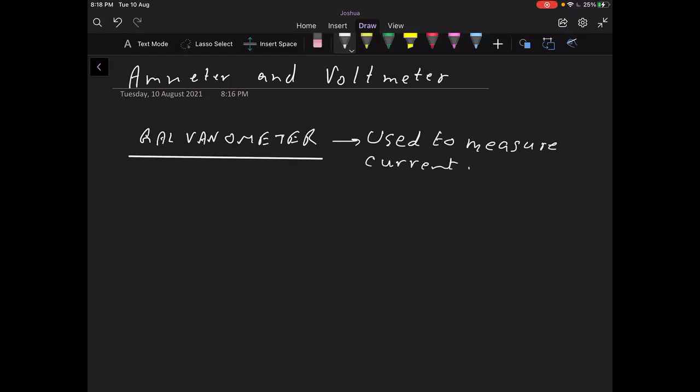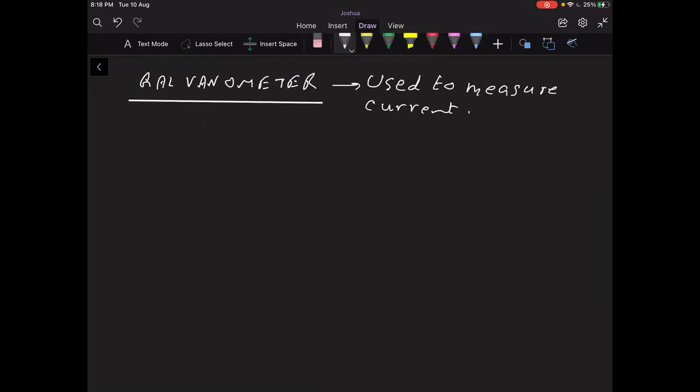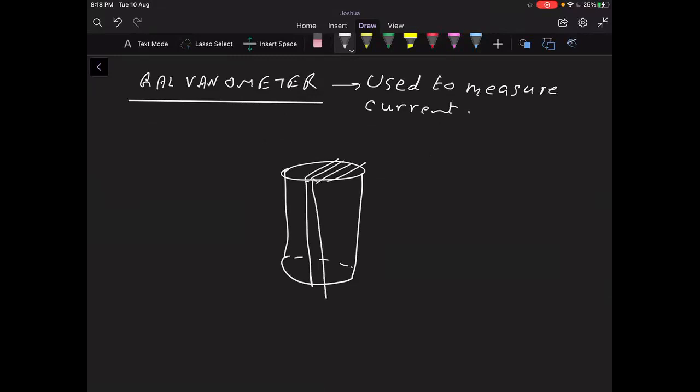So how is it formed? In a galvanometer, you have this kind of a cylinder on which you have a lot of coils, metal coils, conductor coils, like this. And there is a needle associated with this.